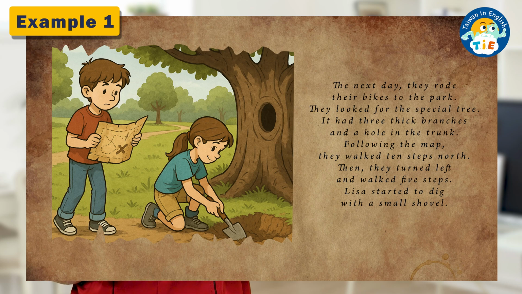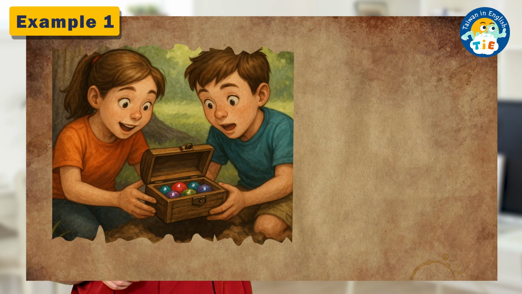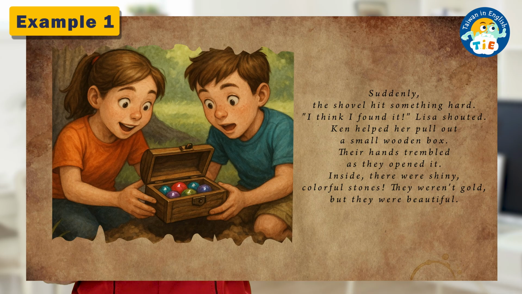Following the map, they walked 10 steps north. Then they turned left and walked 5 steps. Lisa started to dig with a small shovel. Suddenly, the shovel hit something hard. "I think I found it," Lisa shouted. Ken helped her pull a small wooden box. Their hands trembled as they opened it.